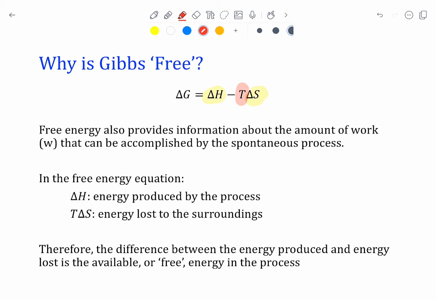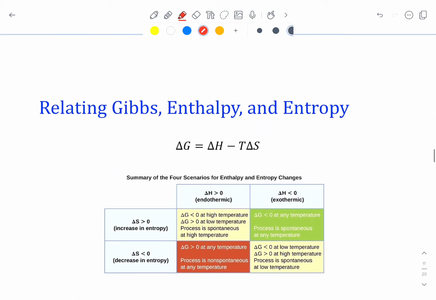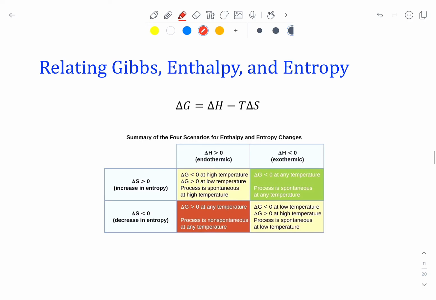So we have a nice chart that brings all of that together and tells us, if the sign of one of these is positive and the other one is negative, is this going to be spontaneous? Because it's now two factors that are going to affect the spontaneity. The enthalpy and the entropy come together to tell us about the Gibbs free energy, but the temperature is still going to contribute as well.